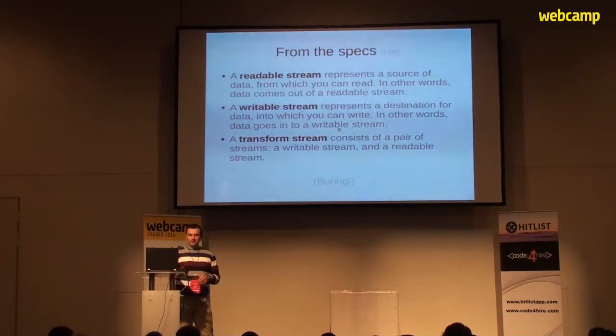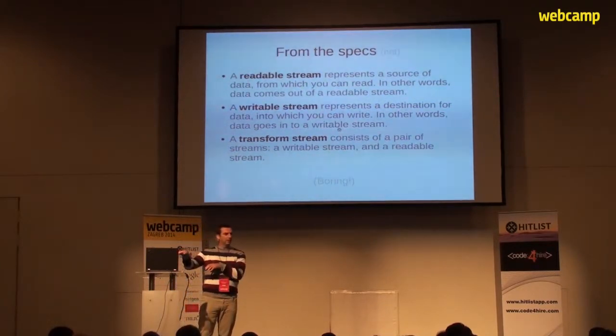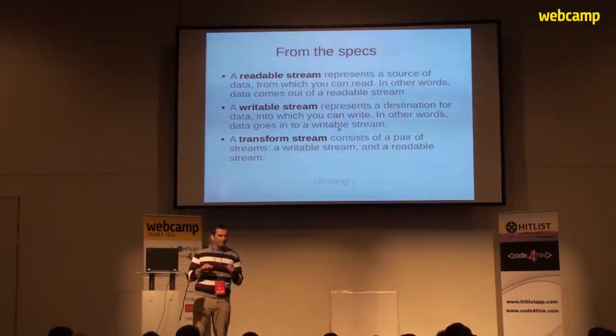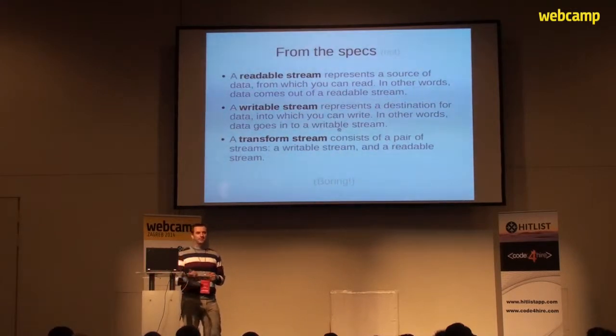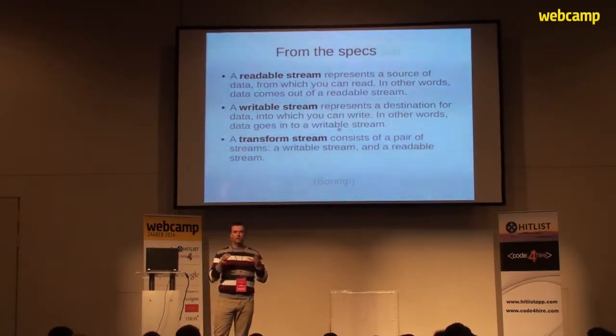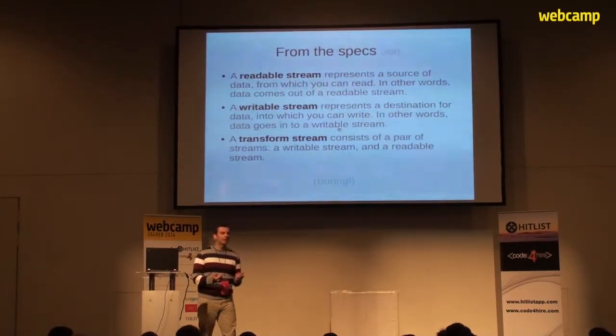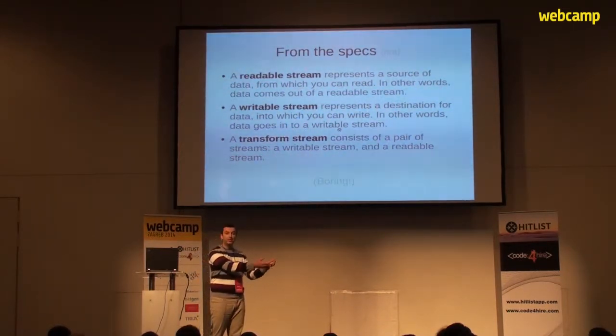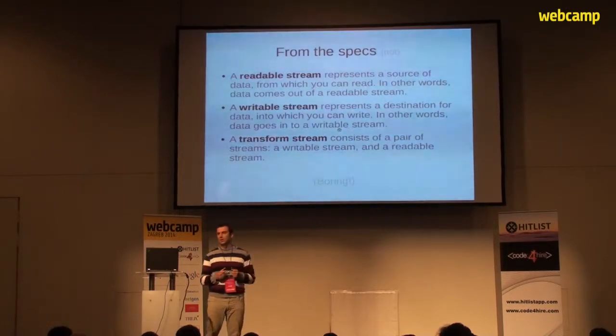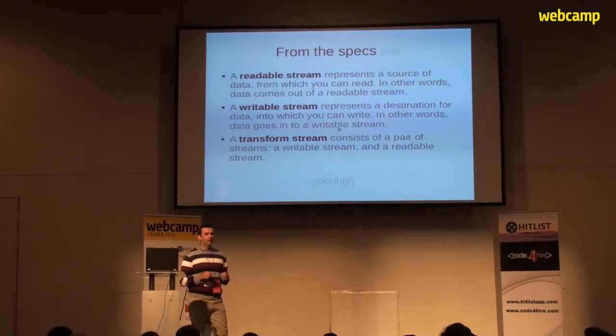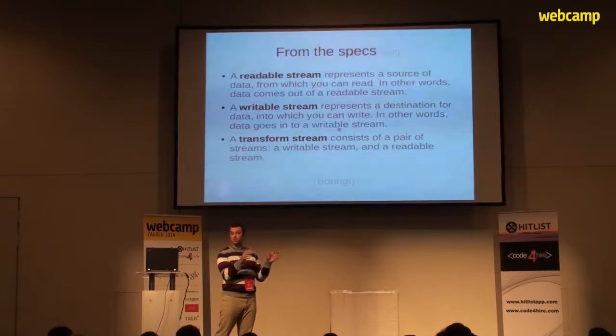So what do the specs say? Well, they don't say it like this, it's legalese, it's complex, but basically there is something like this. You have a thing that is called a readable stream. What that means is you can read from that stream, you can get some data from it. So you should be able to say, okay, I want a new readable stream, and I'll just pass some options.